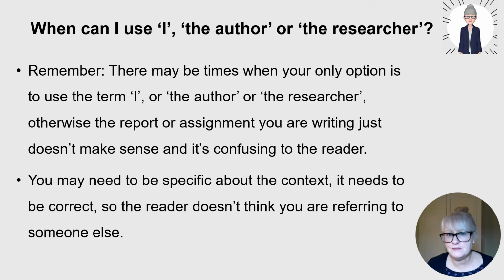But I had to be specific about the recruitment processes. Whichever way I tried to write that sentence in my research proposal or my ethics application, I had to be clear that I did not influence the recruitment of participants. So there was no other way of making that clear without me putting the researcher.